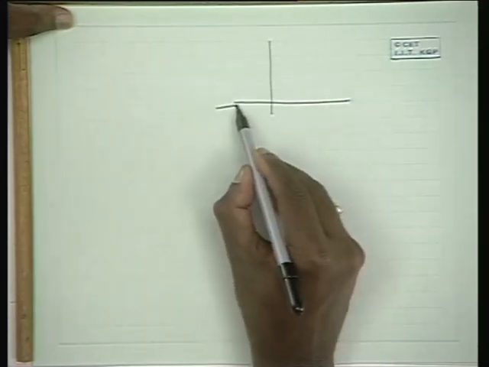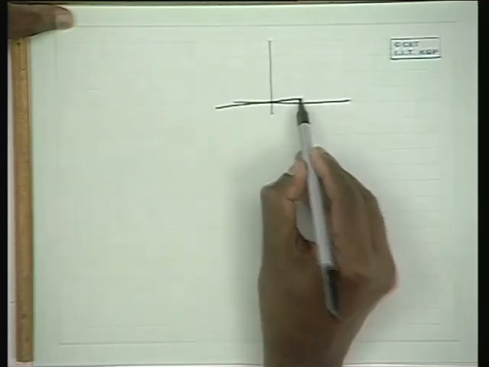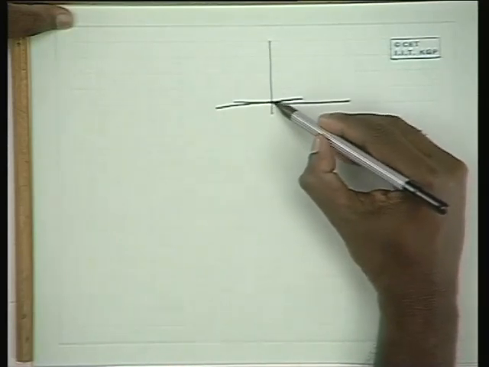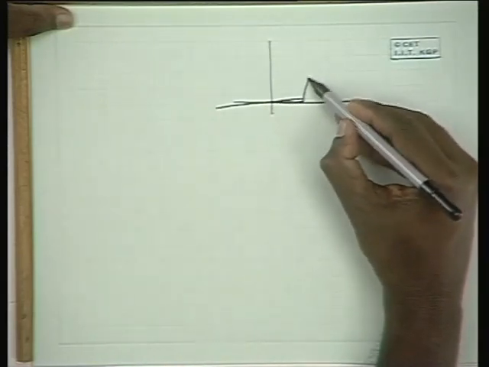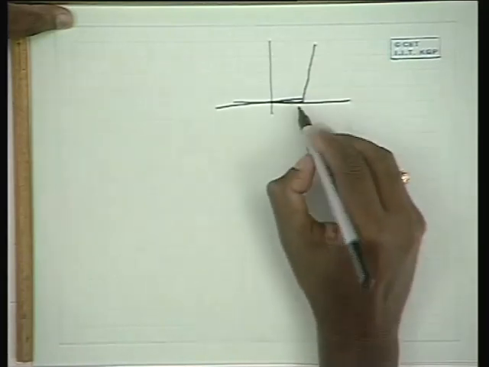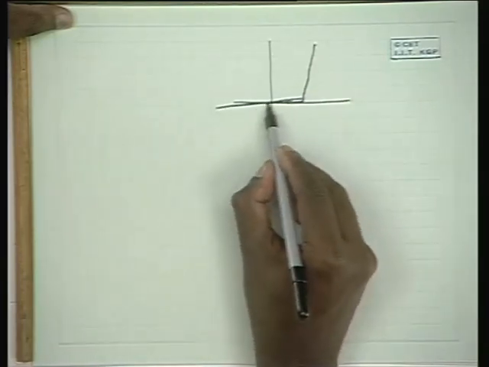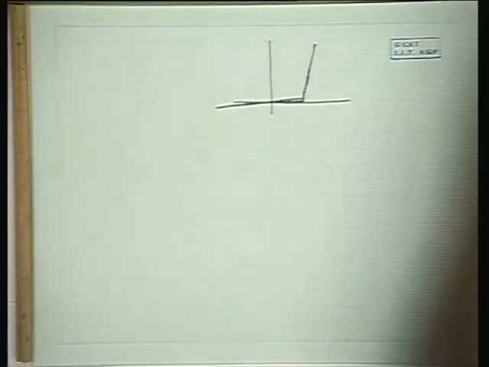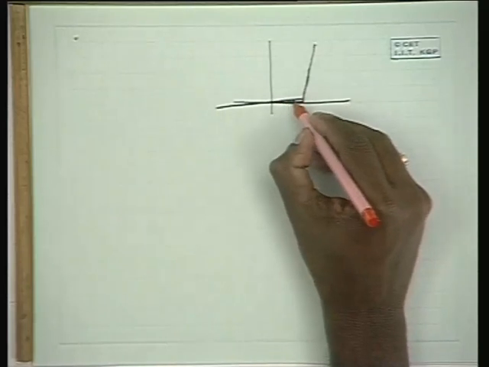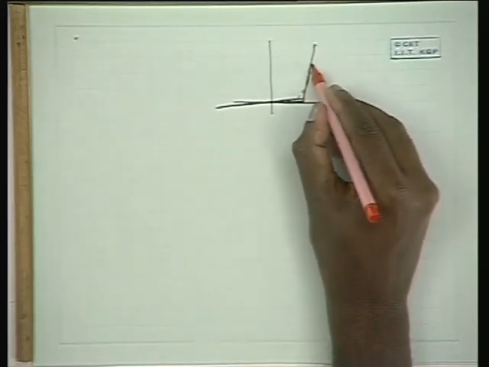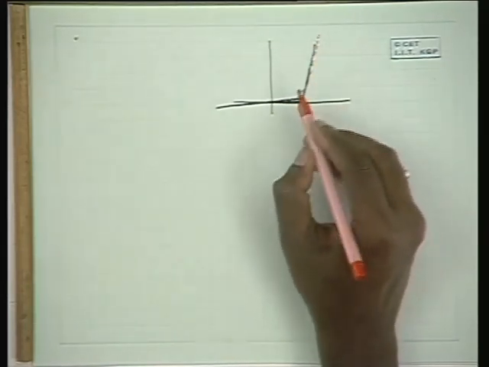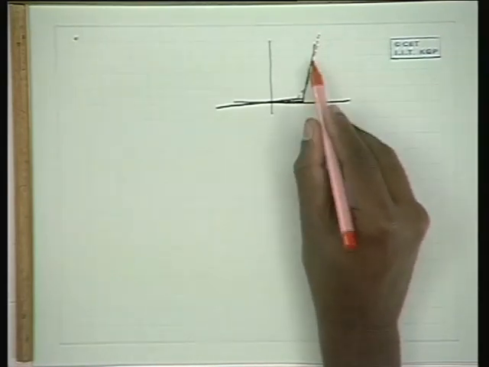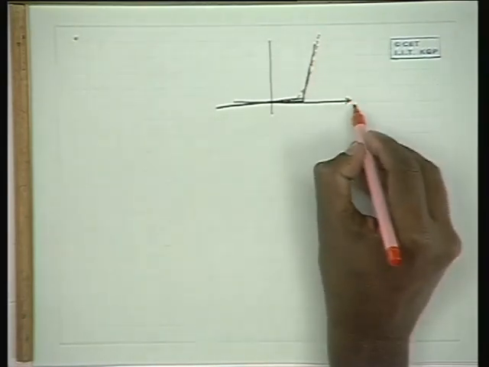So the characteristics of the diode can be represented by this kind of piecewise linear characteristics, whereas the actual characteristics is by this dotted red line.